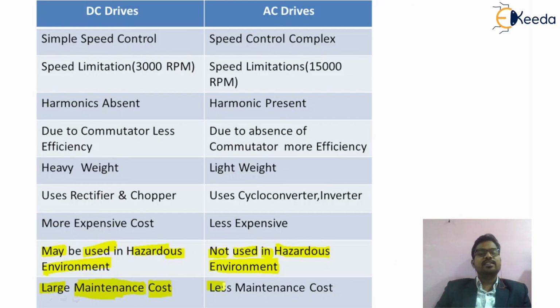But in concern with the AC drive, the maintenance cost is less, because the commutator and the carbon brushes are not available in an AC drive. So the maintenance cost of the AC drive is very less as compared with the maintenance cost of the DC drive.